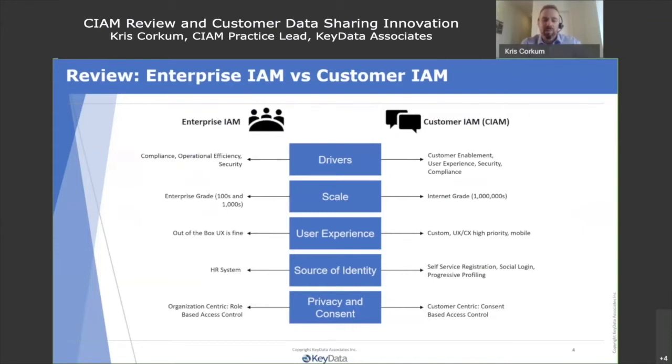So enterprise IAM is more about controlling access to resources based on role-based access control, while customer IAM or CIAM requires a different approach. With CIAM, customers must provide their consent for you to use their data. And we'll get into that in much more detail in the second part.